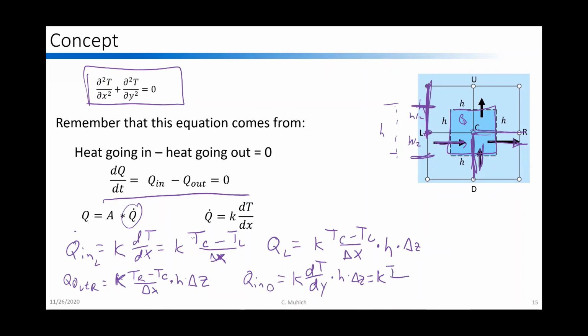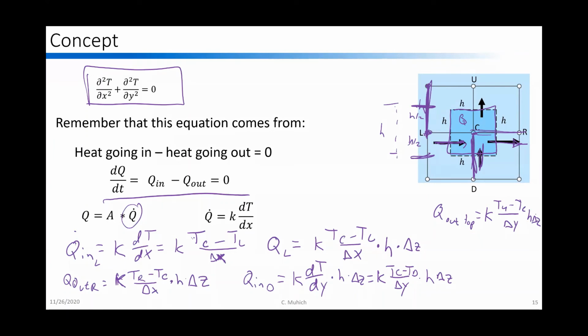So that's K times (TC minus TD) over delta Y times H delta Z. And we have my last one from the top. So Q out top is K times (TU minus TC) over delta Y, H delta Z.